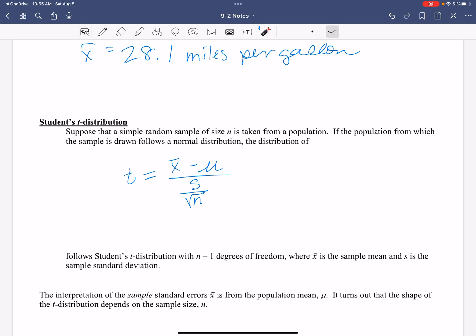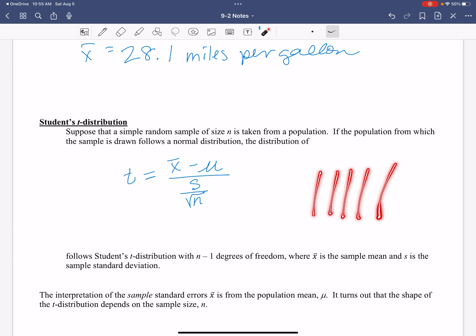All right, now let's talk about degrees of freedom for just a minute. So notice this says n minus 1. So my sample size minus 1 is the degrees of freedom. Here is an example, the best way to help you understand degrees of freedom, and hopefully you can understand it. Assume you have 5 pens of different colors.